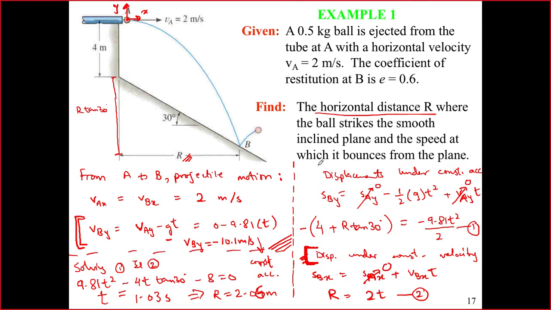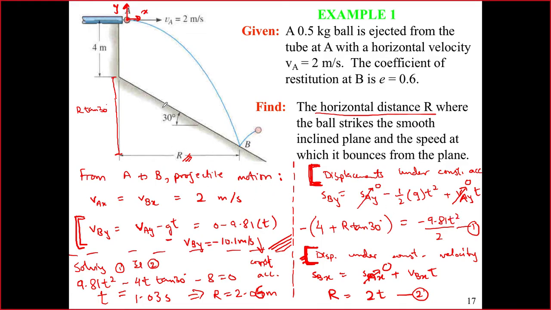Whereas in the y direction, and now move here please, I have a case of constant acceleration. So what I've done is I've just written down the expression for the displacement under constant acceleration right here, और उसकी value substitute करके I get this second equation which relates this horizontal distance r with t.